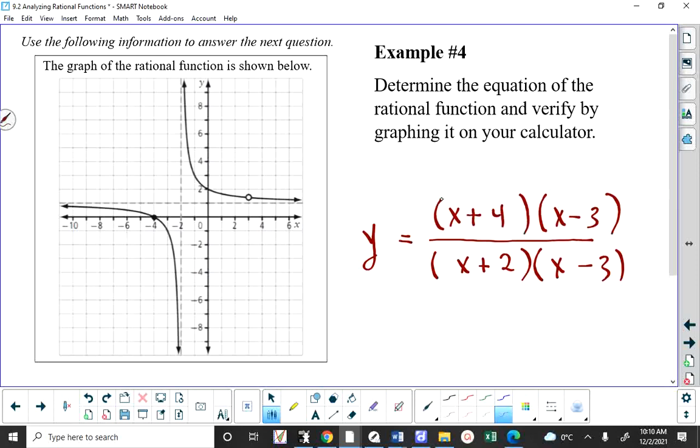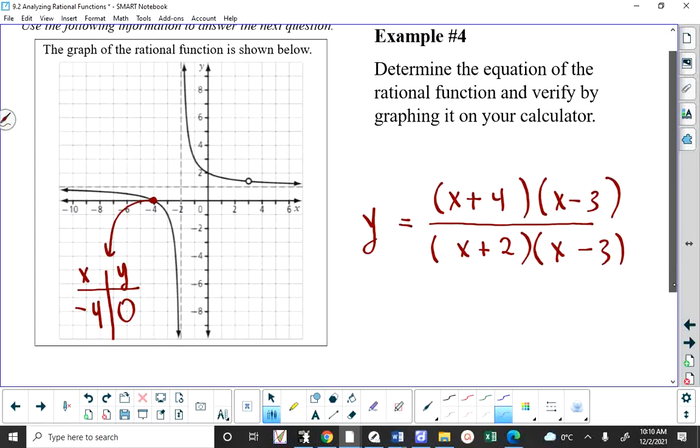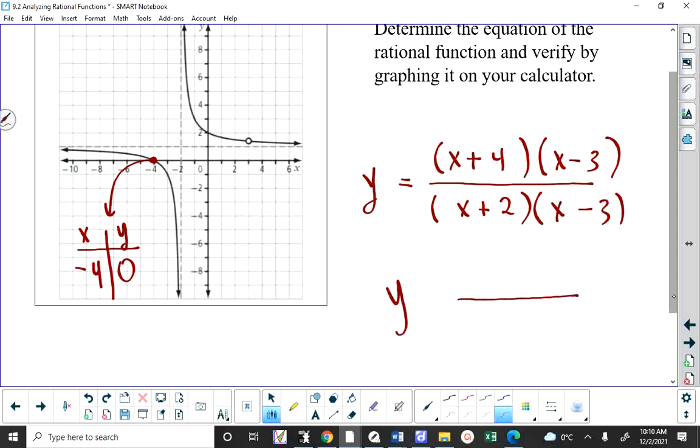The reason for this is quite simple. An x-intercept has a y-coordinate of 0. So ask yourself, if you have y equals a numerator over a denominator, how can y equal 0?